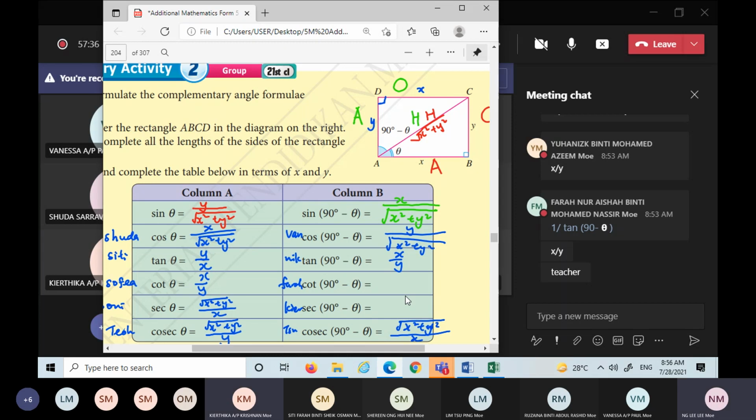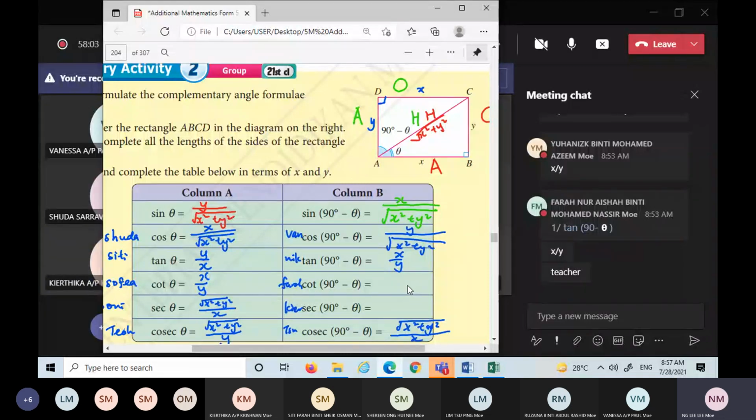Give me the answer straight away in terms of x and y. If I answer for both of you, then you get no marks, okay? Now it's already 8:57.